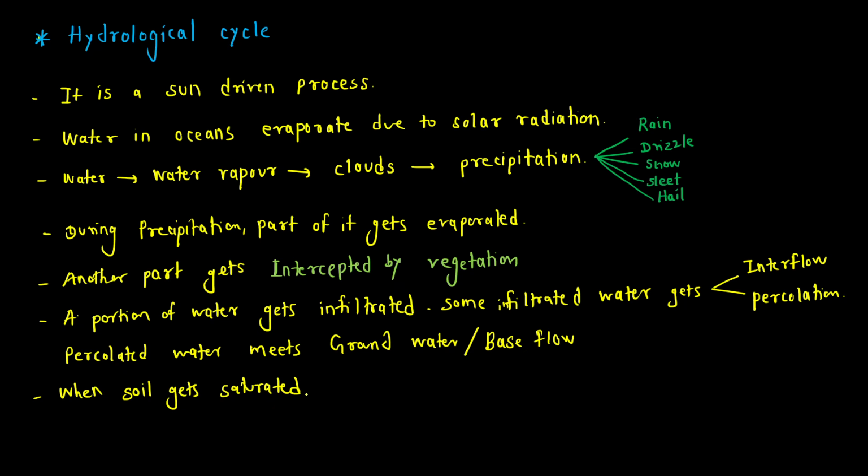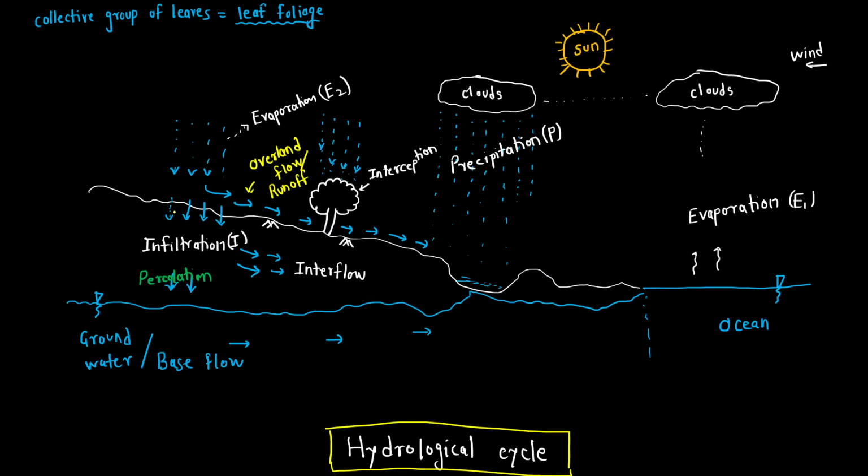So when the soil gets saturated, the rate of precipitation is greater than the rate of infiltration. That means the rate at which the water is falling on the soil is more than the rate at which the water is going inside the soil.